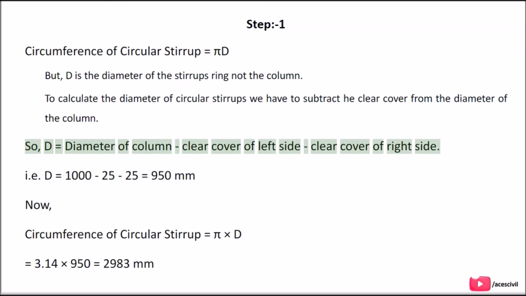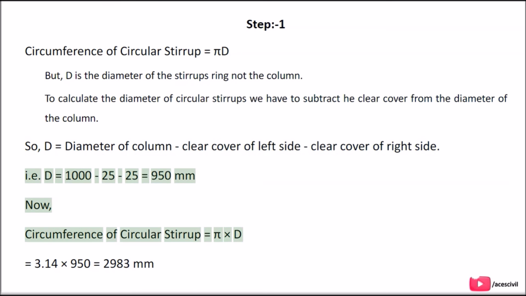So D equals diameter of column minus clear cover of left side minus clear cover of right side, i.e. D equals 1000 minus 2 times 25 equals 950 mm. Now, circumference of circular stirrup equals pi times D equals 3.14 times 950 equals 2983 mm.